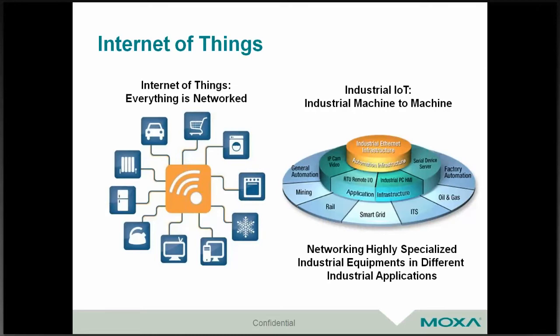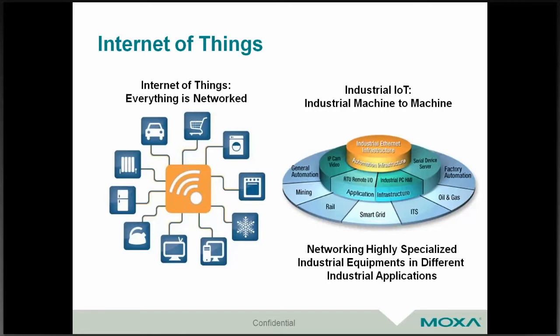But when we try to apply this Internet of Things to the vertical markets that we identified, like oil and gas, telecom, water and wastewater, what does that mean specifically to us, right? So we came up with this term industrial IoT, or industrial machine to machine.